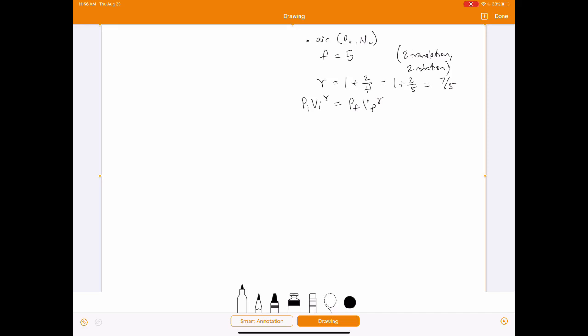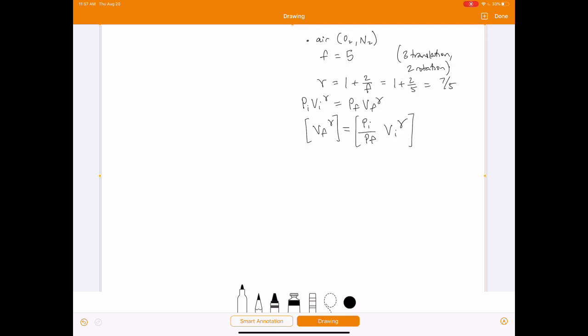Okay, so if I want to solve for the final volume, V final to the gamma is equal to P initial divided by P final, so I'm dividing out P final on both sides, times V initial to the gamma. And again, I haven't solved for V final yet because there's a gamma power and I want to get rid of it.